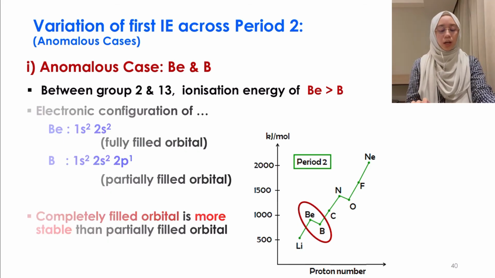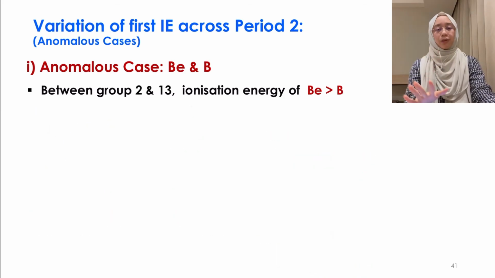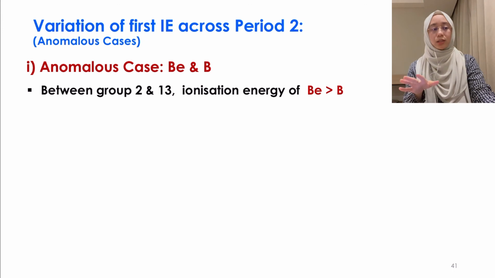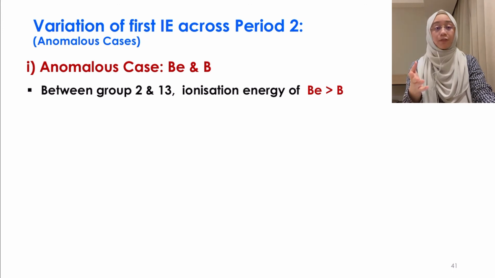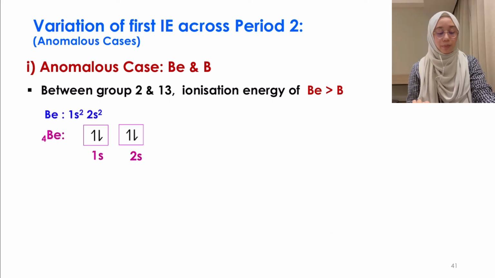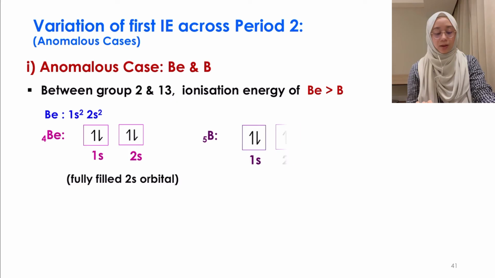Okay, so mungkin kamu tak nampak sangat yang fully filled orbital, partially filled orbital. Okay, because the electronic configuration that have been shown to you just now was SPDF notation. But now let's have a look at the orbital diagram. So mungkin yang ni lagi clear. So kalau kita tengok sini, ini adalah beryllium punya orbital diagram. Okay, and then this one pula adalah untuk boron.